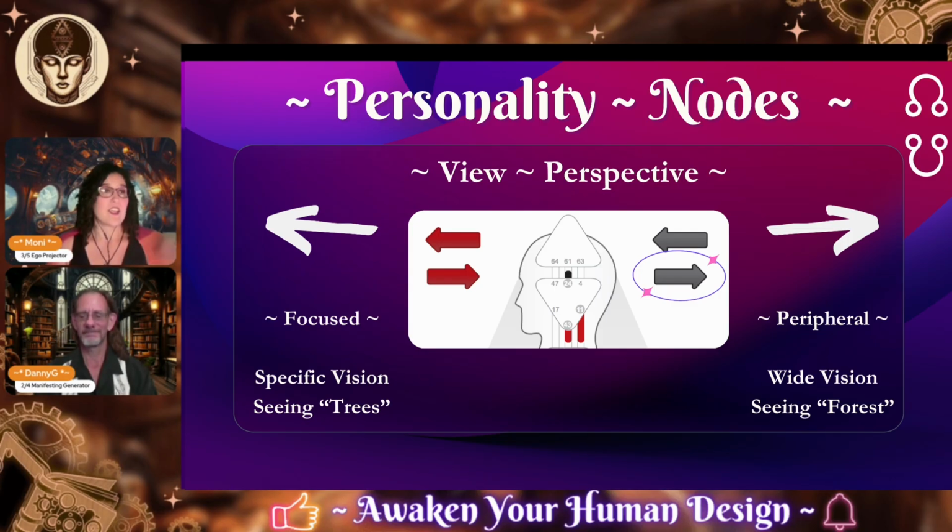And then the right arrow is more of a peripheral view. It's like you're zooming out and have a wide lens going on, so it's a wide vision. It's seeing the forest instead of the trees. When you have the right-facing view, it's frustrating because of all the things that want to be strategic.